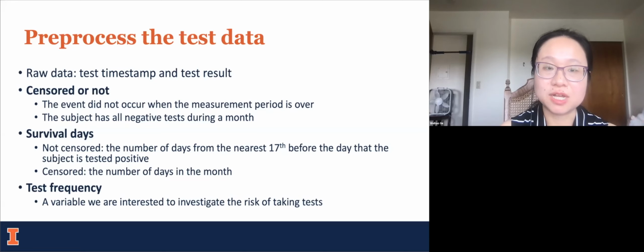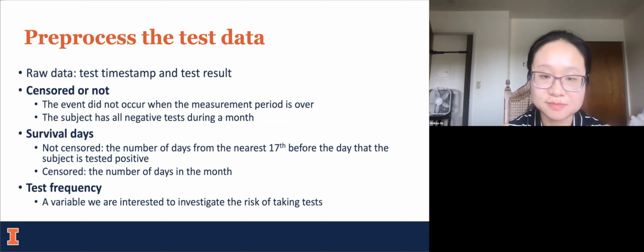And we will convert it to censored or not. That means whether the subject has all negative tests during a month, or they have a positive test during that month. And we will calculate the so-called survival days.